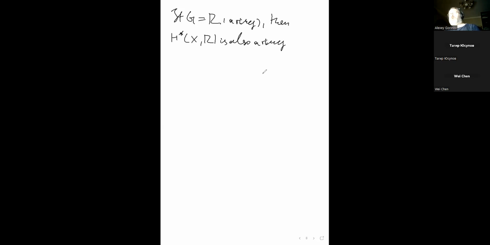Let me erase this. Okay, so the most important property of cohomology is that the cohomology with ring coefficients is again a ring, and we'll talk about this in much more detail later on.